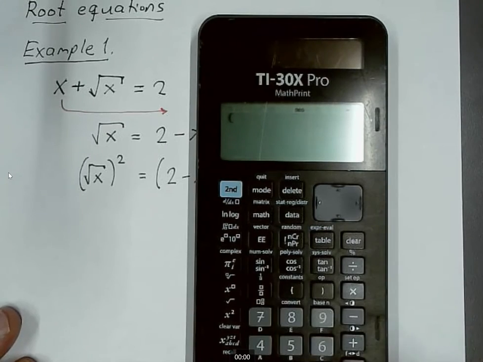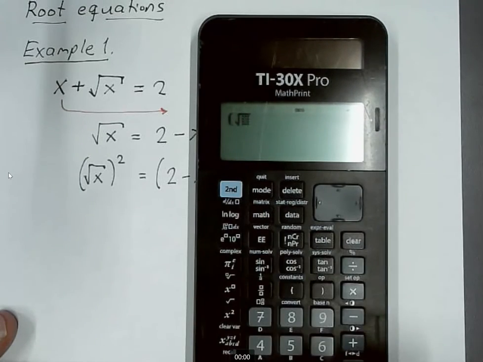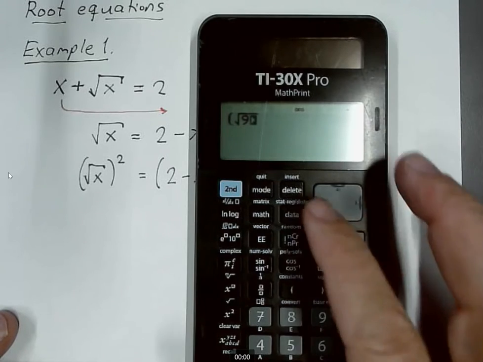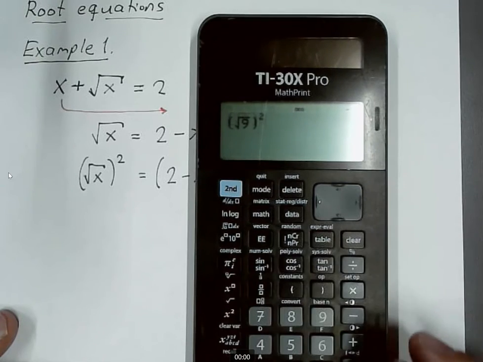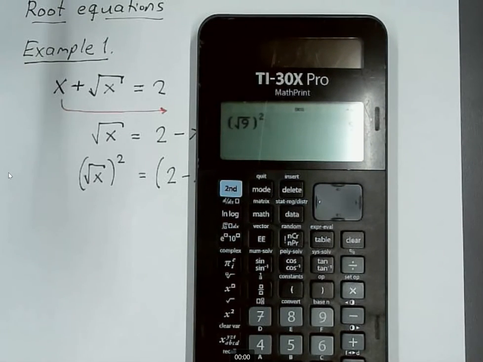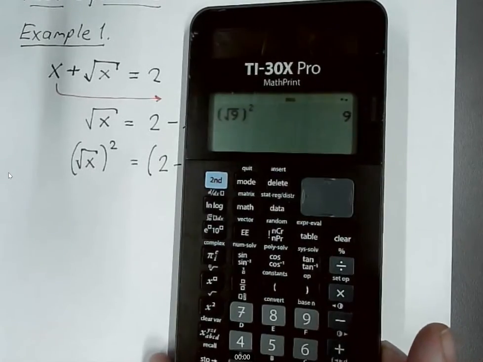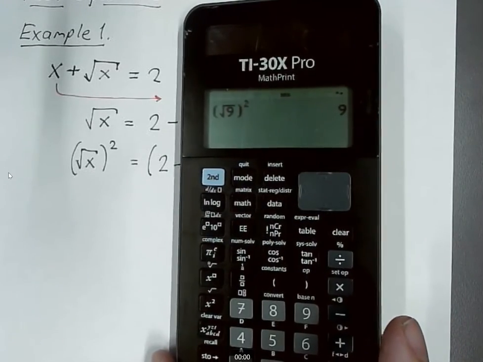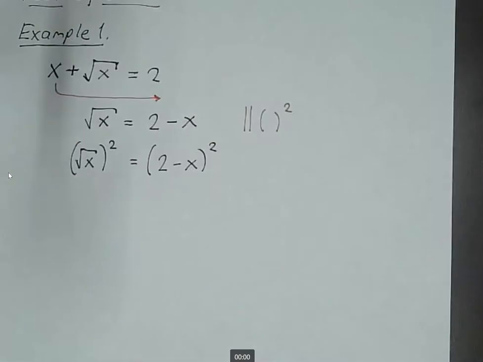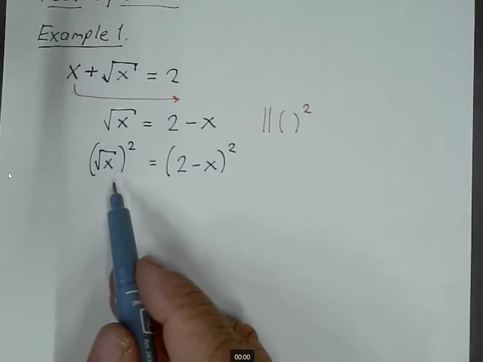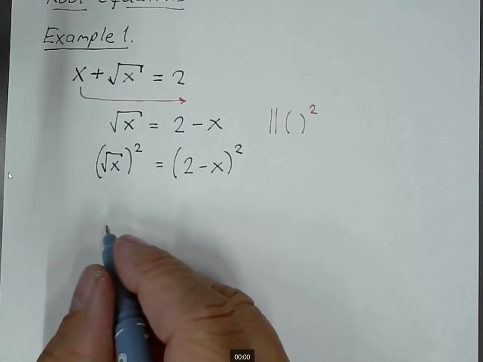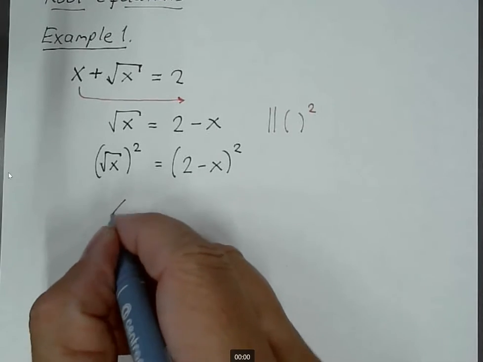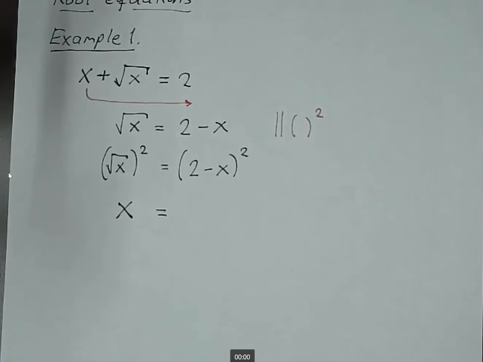So I'll get brackets there and square root of, for example, 9, and now I will raise this to the power of 2, and as you understand or know, it leaves only the 9 there, so it is the number inside of the square root. So in this case we have this x in the left hand side, and it is raised to the power square root of x, and it is raised to the power of 2, so that leaves only simple x there.